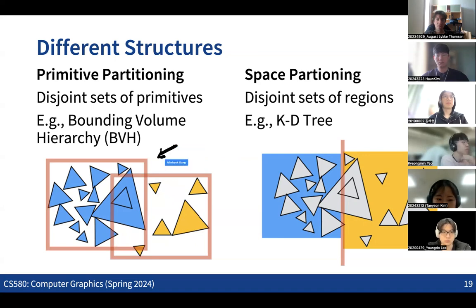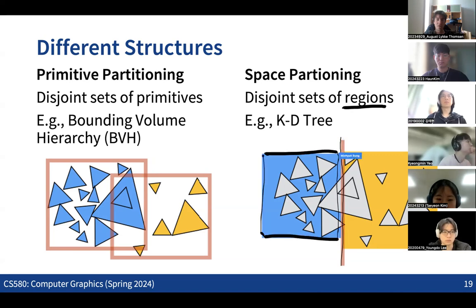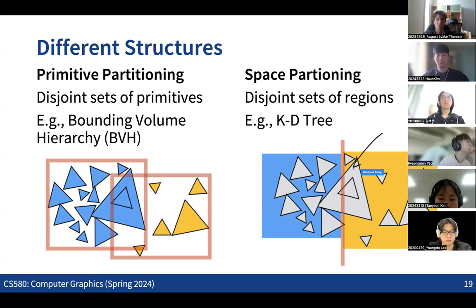And the other way around is partitioning the space. So now we have disjoint sets of regions. We split the space using a plane, making two disjoint bounding boxes in the space. But then the problem is that here one primitive can belong to multiple sets.